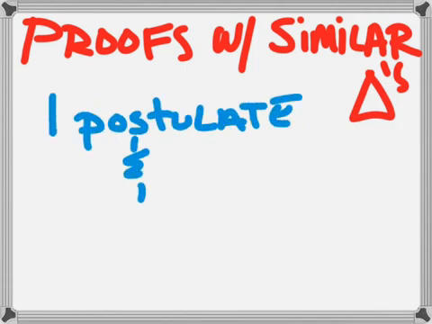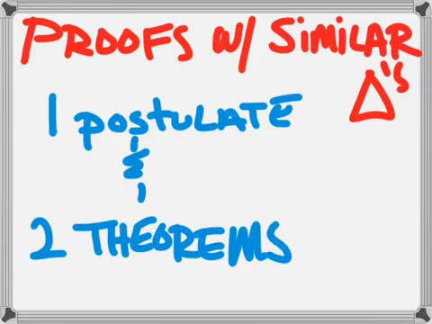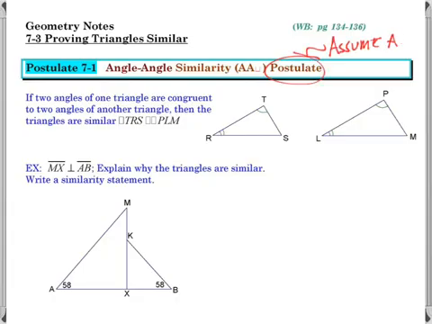And then we have a postulate and two theorems that we're going to look at here. Alright, so the first one is the postulate, which is something that we just assume to be true. If two angles of one triangle are congruent to two angles of another triangle, then the triangles are similar. Some of the formatting got lost here, but this is triangle TRS is similar to triangle PLM.